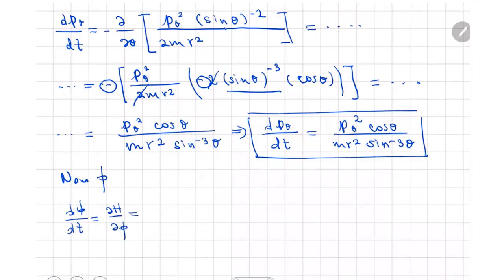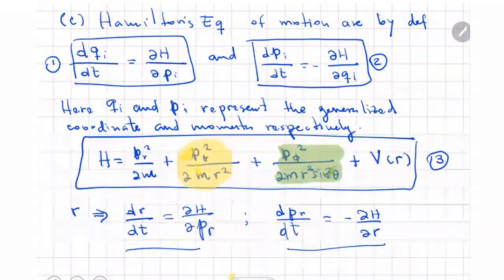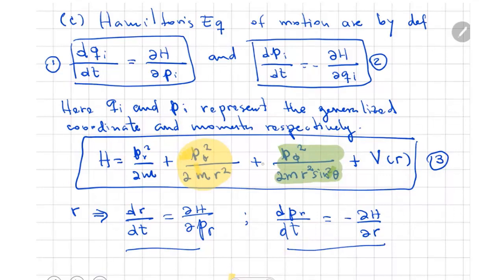If we check the Hamiltonian, the only term depending on p phi is the third one, and the derivative with respect to p phi is 2 p phi dividing the terms on the bottom.